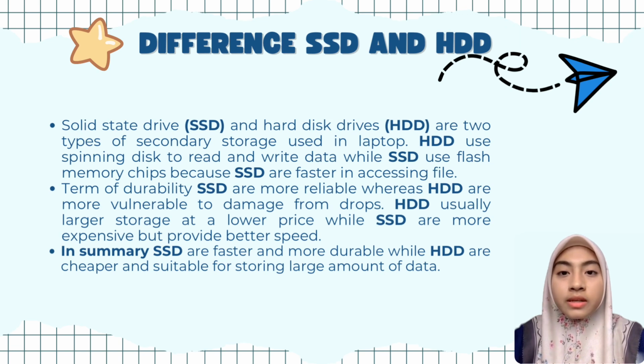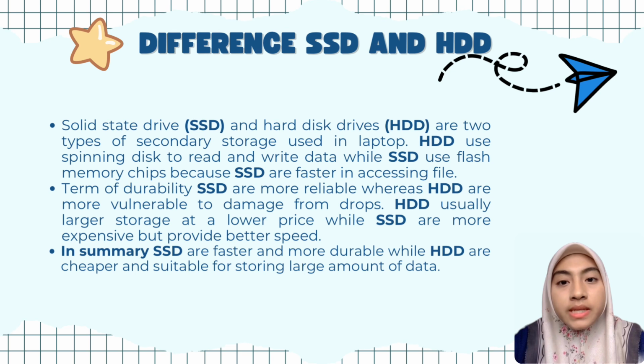Now, I want to tell about the difference between SSD and HDD. SSD and HDD are two types of secondary storage used in laptops. HDD uses a spinning disk to read and write data, while SSD uses flash memory chips, because SSD is faster in accessing files. Next, in terms of durability, SSD is more reliable, whereas HDD is more vulnerable to damage from drops.